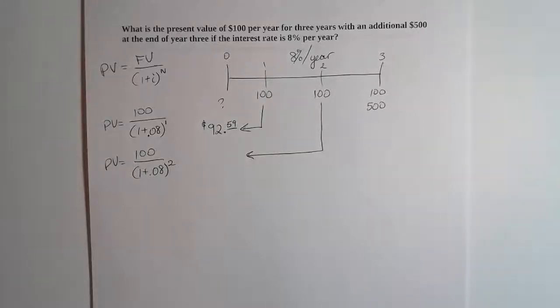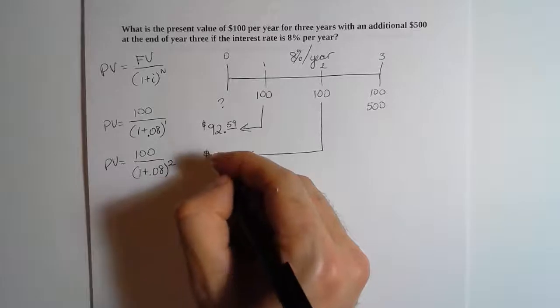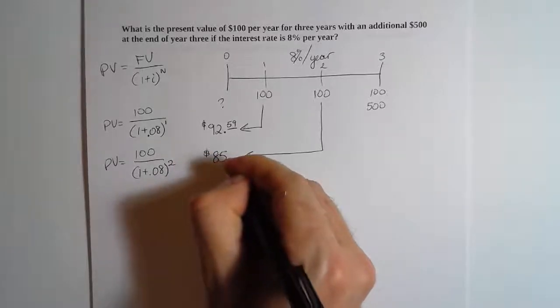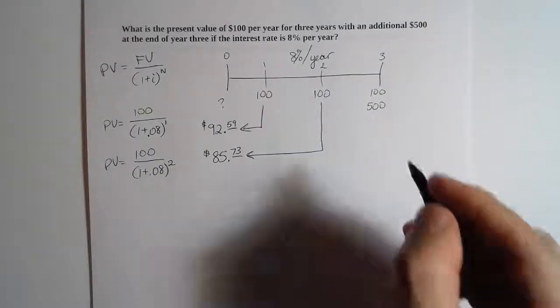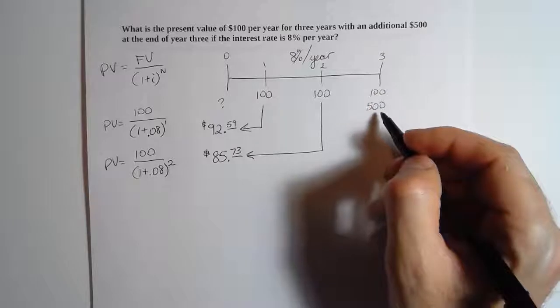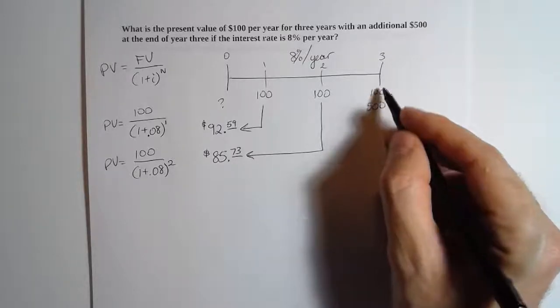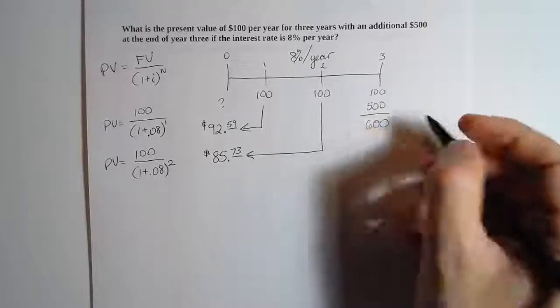Okay, so if you worked that out, what you should have gotten is $85.73. Now we have to look at this third year. If I have $100 in year 3 and $500 in year 3, because they're both in year 3, I can add those up, and I'd have $600 in year 3.